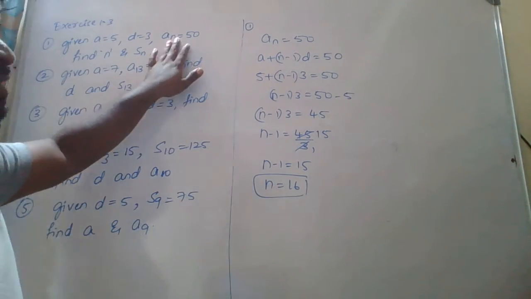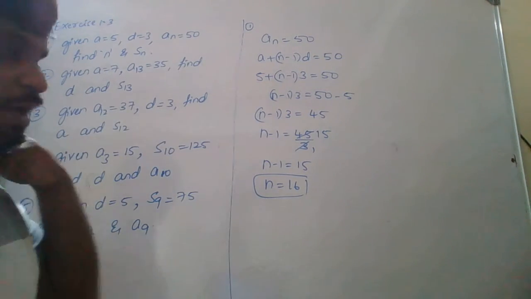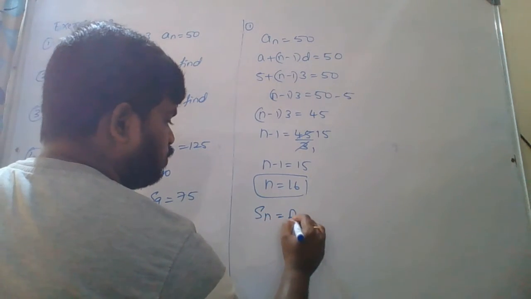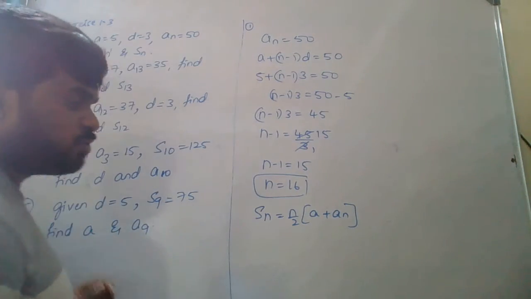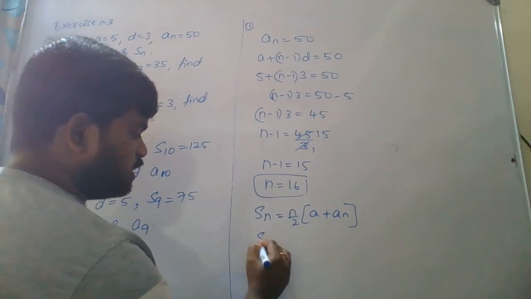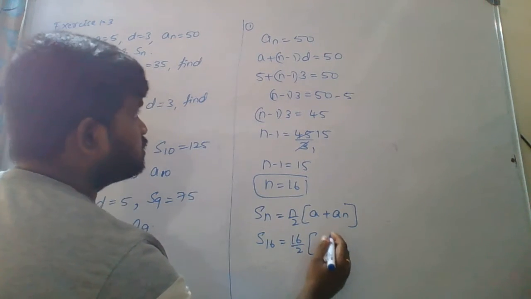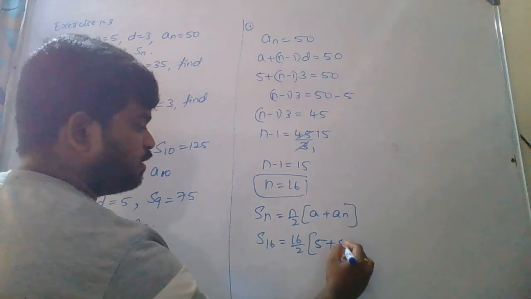If we start with the nth term, since we know the value of a and d, easily we can find the value of n. Okay, let's find Sn. So let's use this formula, n by 2 into a plus An. We know the value of a and An, right? So n value is 16, so S16 will become 16 by 2, a is 5, An is 50.